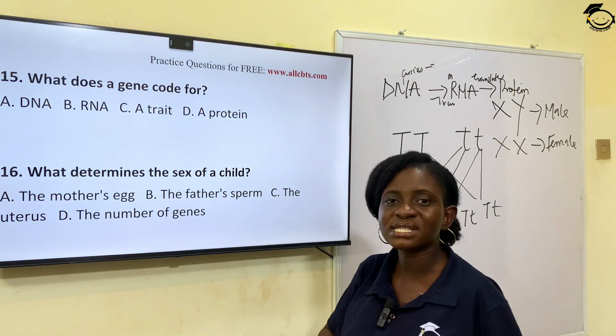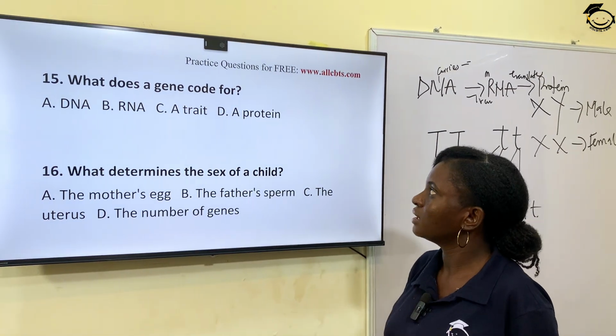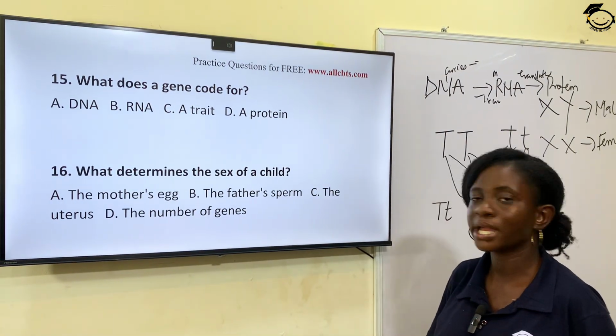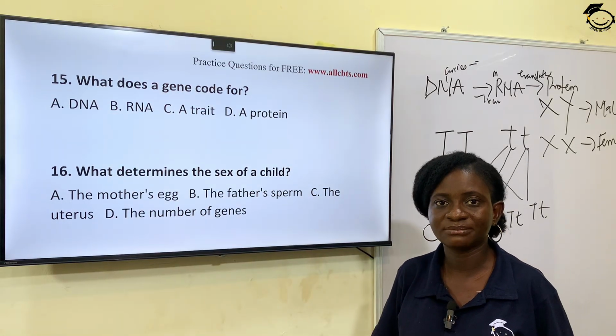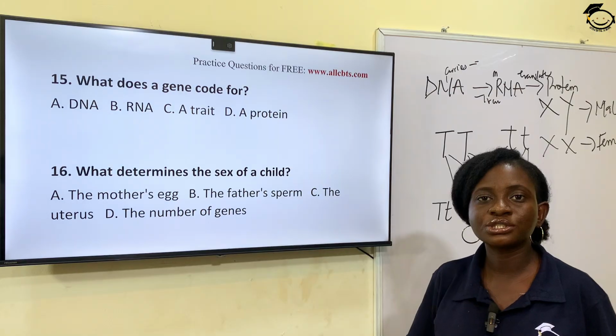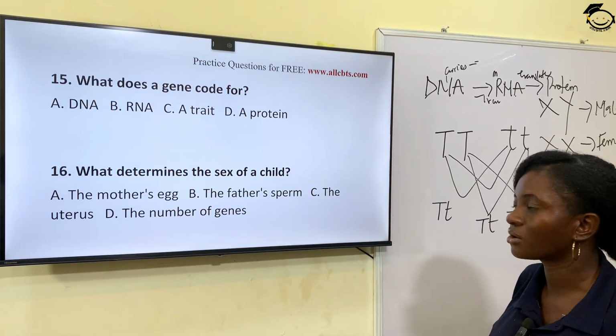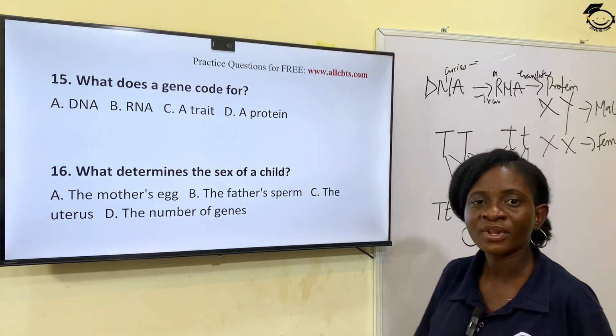So what does a gene code for? A gene codes for a protein, and that determines the trait that is being expressed. So option D, protein, is the correct answer.